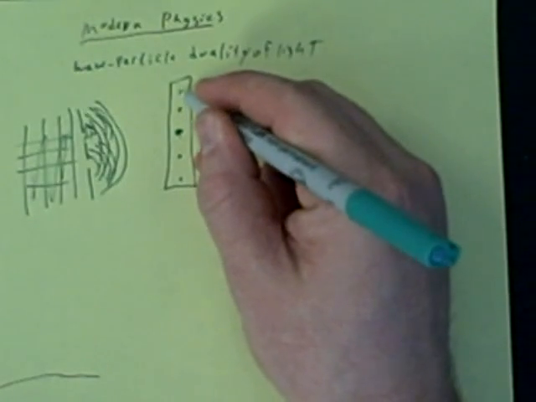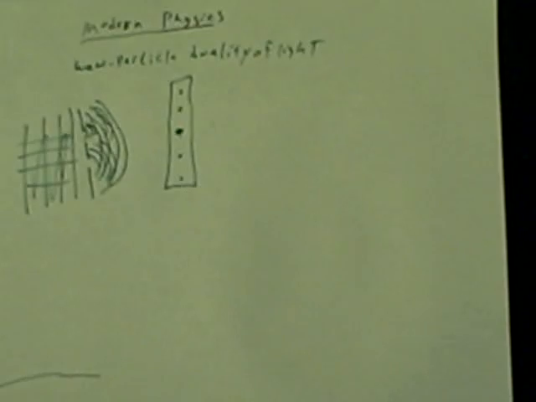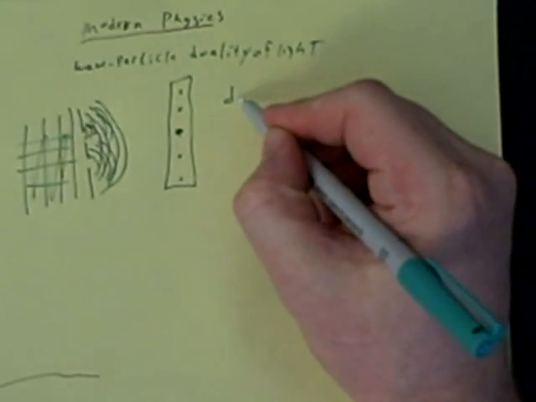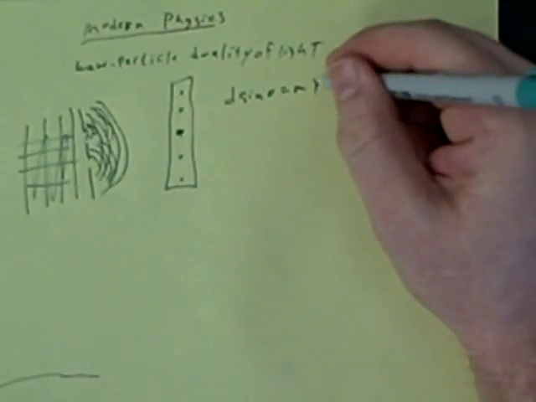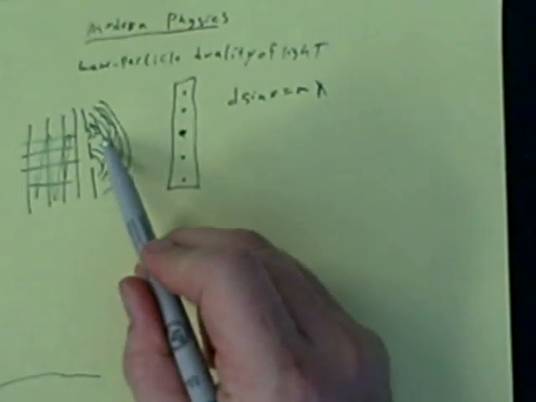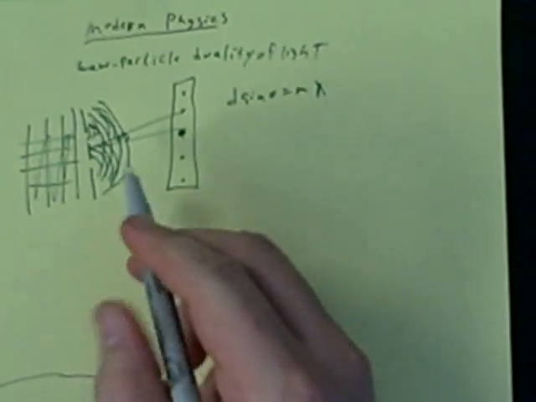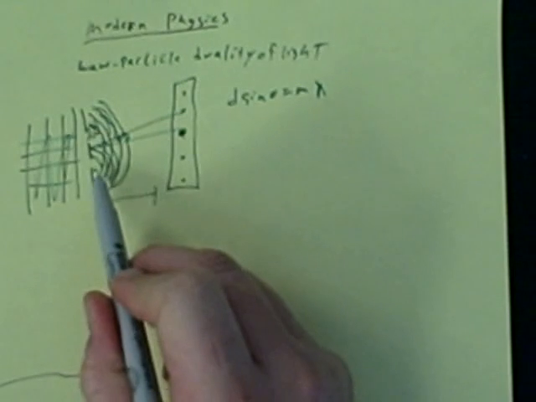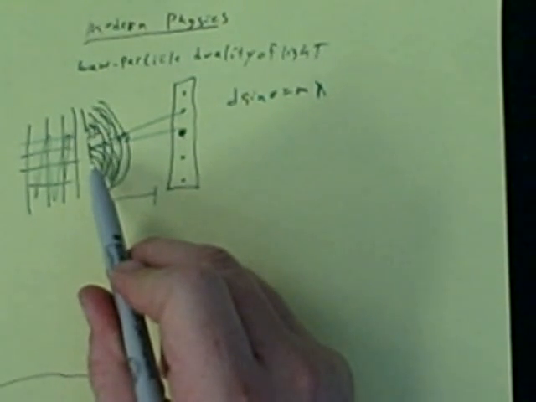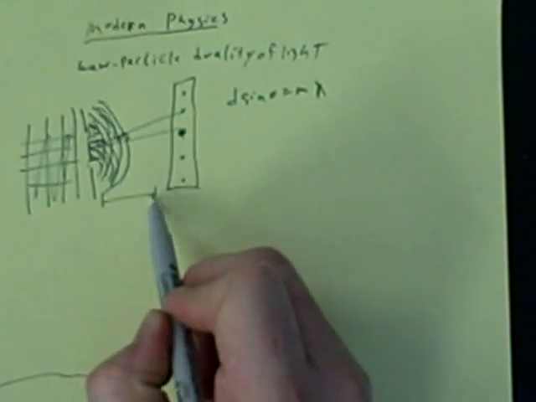So you would have bright spots and dark spots, and we had the equation that d sine theta equals m lambda, where theta is this angle here. D is the slit width, or the distance between the slits, I apologize.